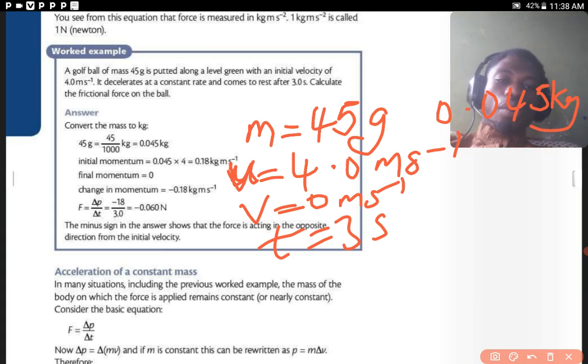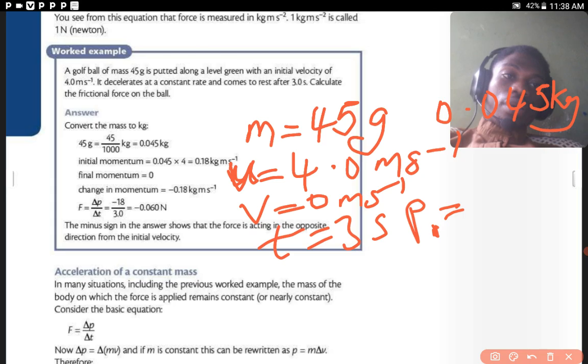Then we are going to calculate the initial momentum, that's P1. Momentum is mass times velocity. Initially, we have the mass of 0.045 and velocity u of 4.0.